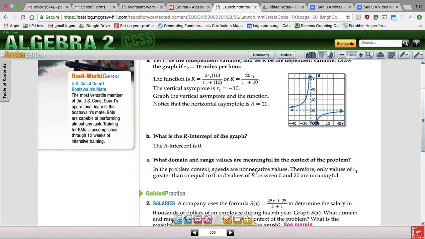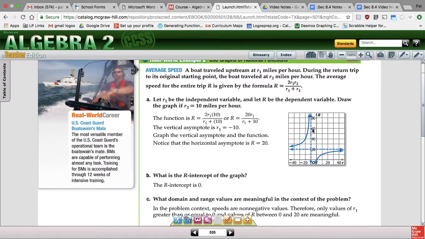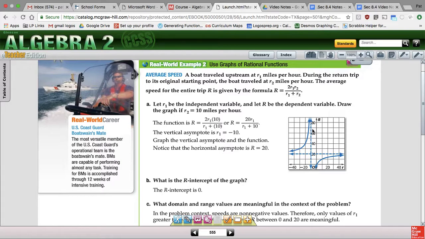This is the origin, it's hard to tell because of the graph, but the origin is right here where the 0 is. We can't go to the left of that because we can't have negative miles per hour, and we can't go below this, nor can we have negative average speed for a trip.